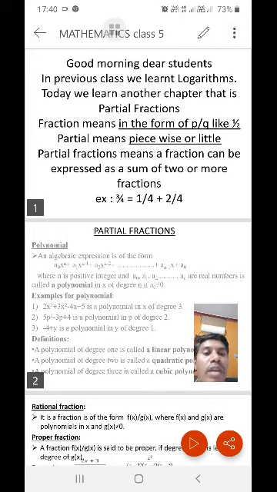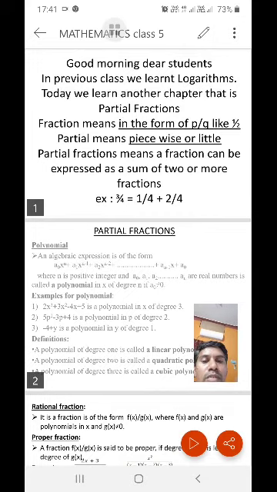containing polynomials. That means the numerator and denominator are polynomials. So what is a polynomial? If the expression is in the form of a x power n plus a1 x power n minus 1 plus a2 x power n minus 2, like this, then this is a polynomial in x of degree n.